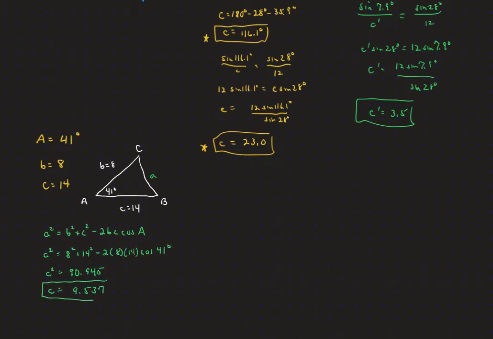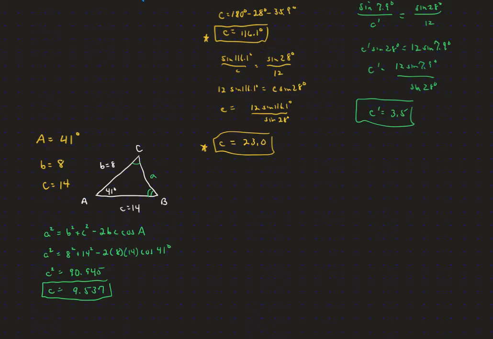Okay, now that we know A, we have a choice to make, and this matters. We can find either angle C or angle B using our law of sines. What we want to be careful of is not to use law of sines to find an angle that might be obtuse, that might be bigger than 90.